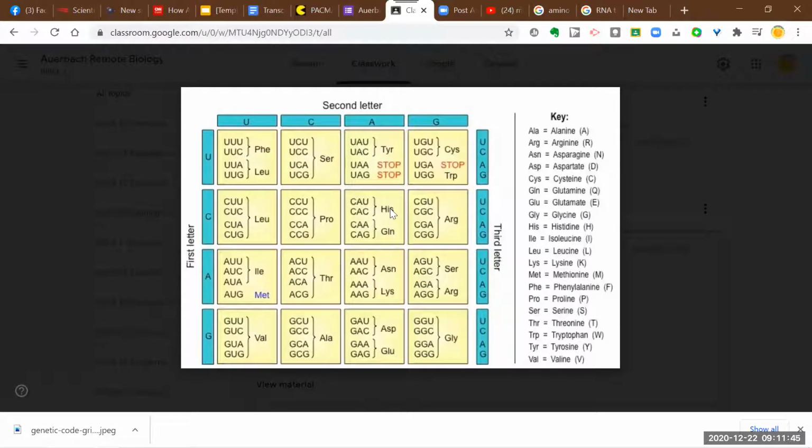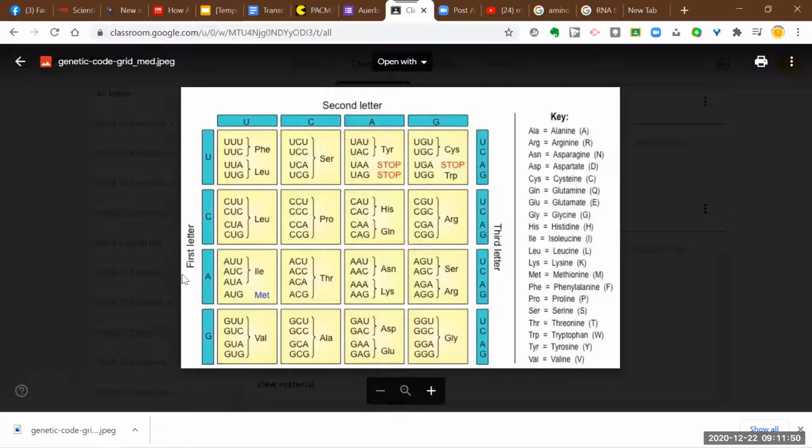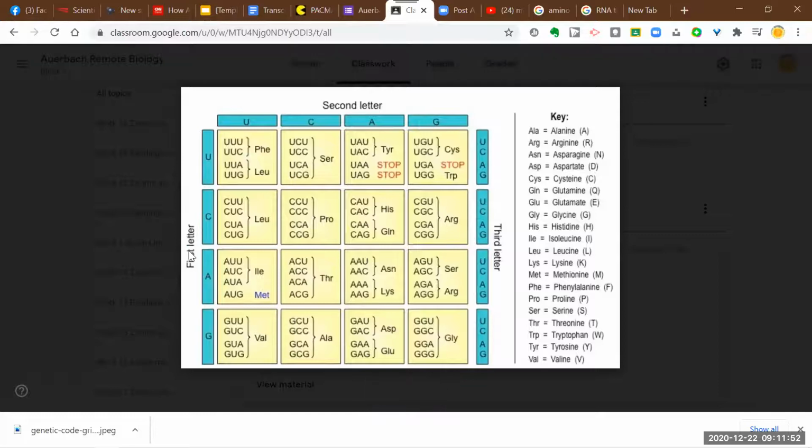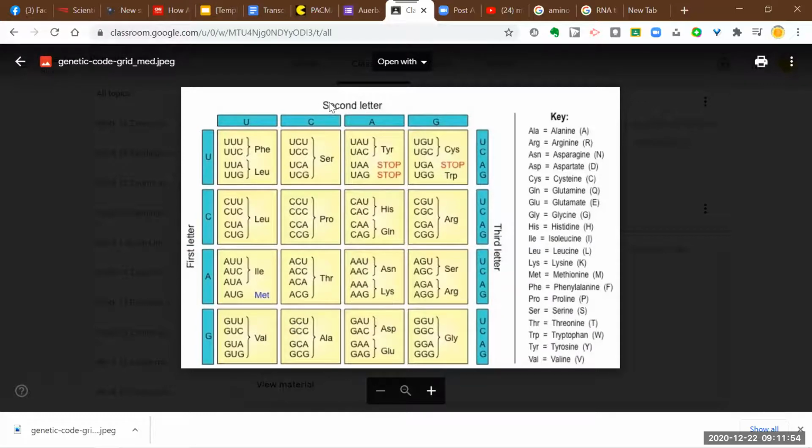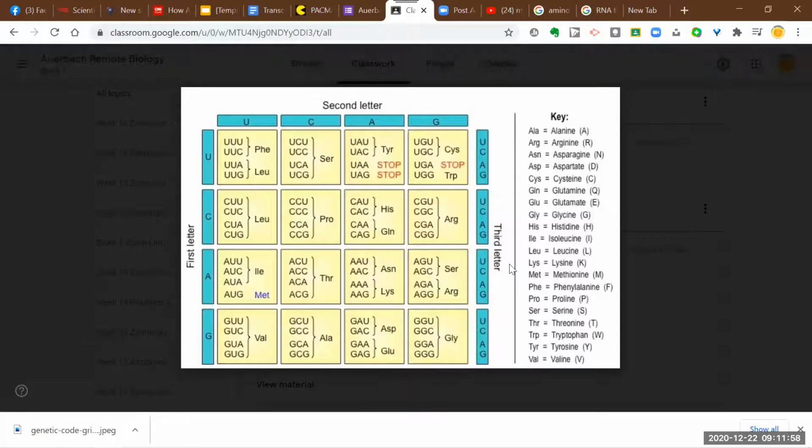What I want you to notice is on the left it says first letter, on the top it says second letter, and on the right it says third letter. That is for reading the 3 letters of your RNA code, and at the end it's going to tell you what amino acid that stands for.